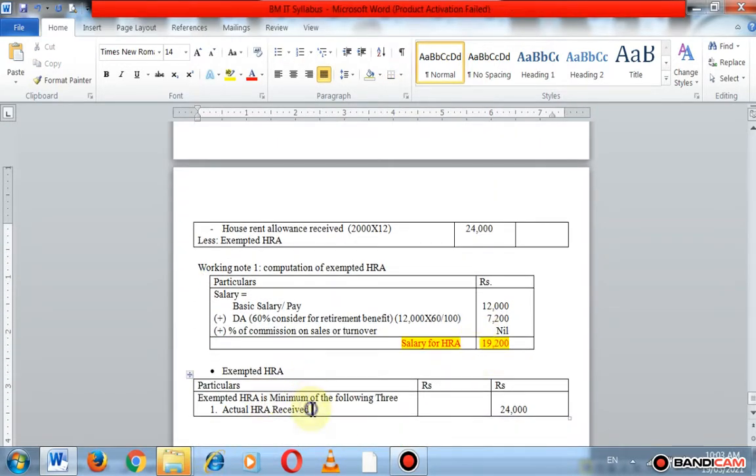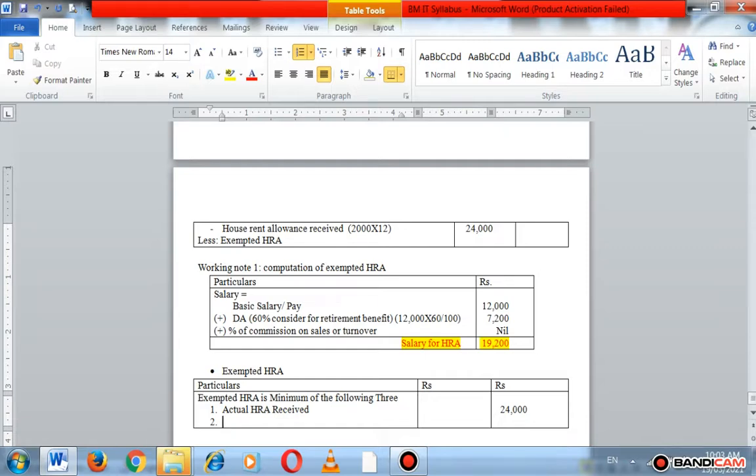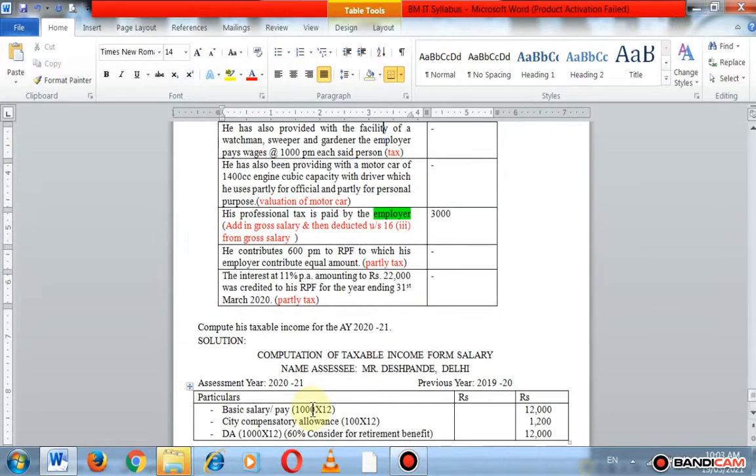Then the second one is rent paid. So rent paid by the SAC is rupees 3,000 per month into 12, which is given in the problem here.